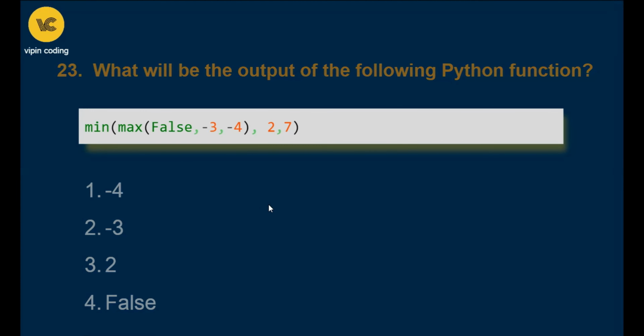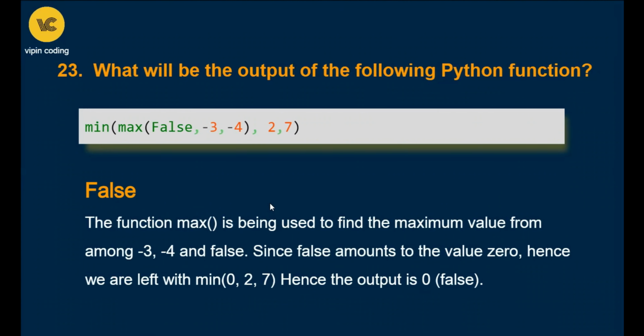The answer is False. The function max is being used to find the maximum value from among -3, -4 and False. Since False amounts to the value 0, hence we are left with the maximum 7. Hence the output is 0, False.